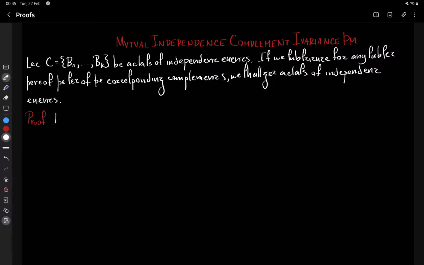We shall do induction on m, where A1 up to An and B1 all the way to Bm make a subset of C. So essentially here n plus m is equal to k.